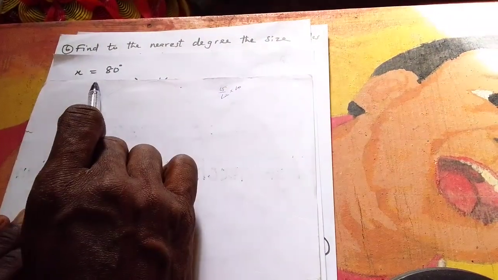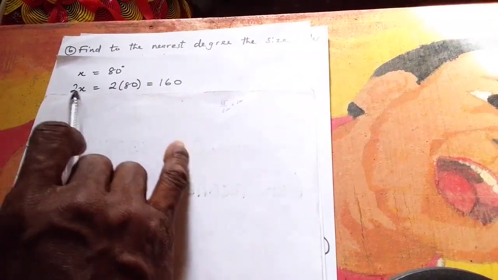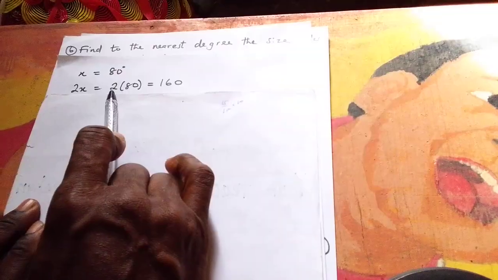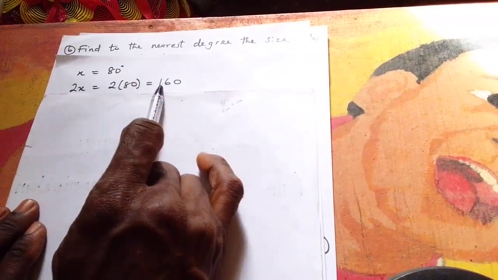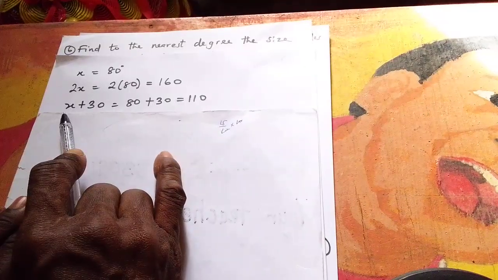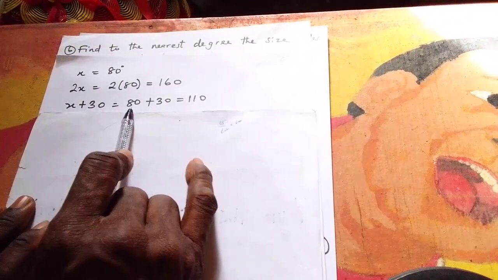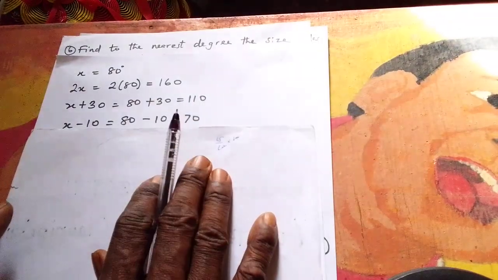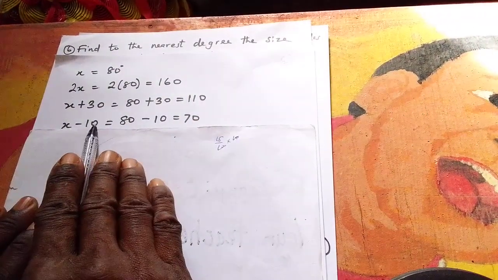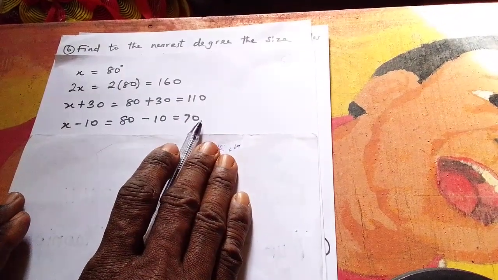We are told to find the size of each angle. The first one is x, which means that one is 80. The second angle is 2x, that means 2 times 80, which gives us 160. The third angle is x plus 30, so 80 plus 30 gives us 110. The fourth angle is x minus 10, that is 80 minus 10, which gives us 70.